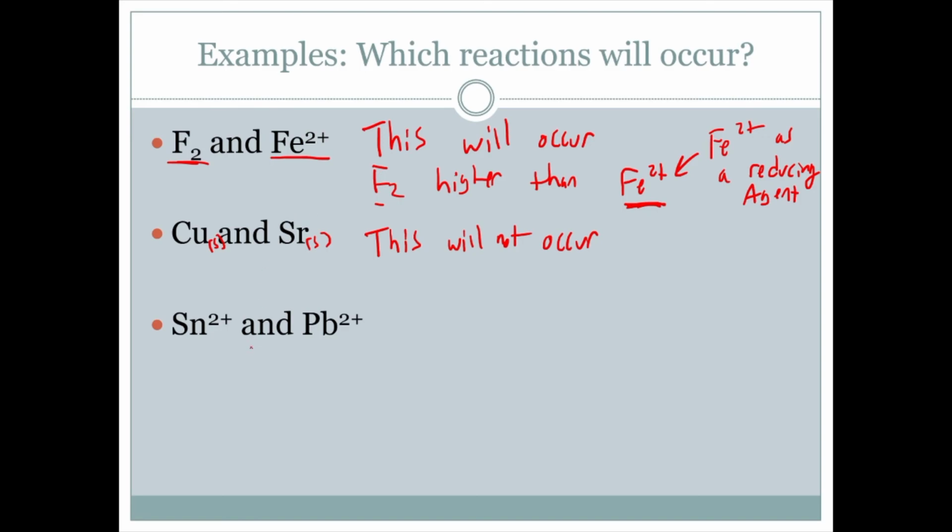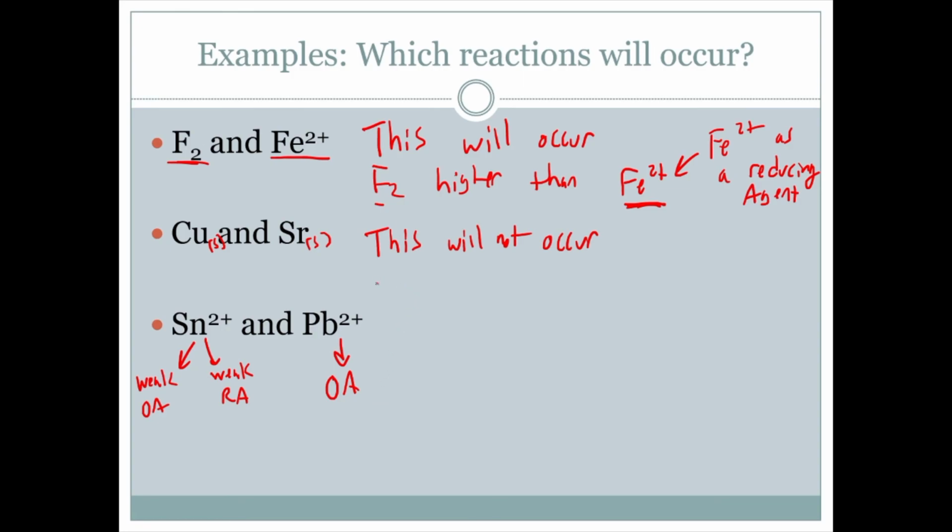The last one, Sn2 plus and Pb2 plus. This one, I think you should be able to find Sn2 plus as a reducing agent and an oxidizing agent. So according to our table, Sn2 plus is both a weak oxidizing agent, and it is also a weak reducing agent.